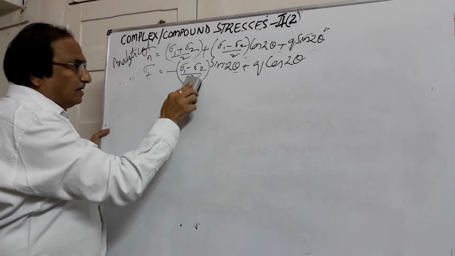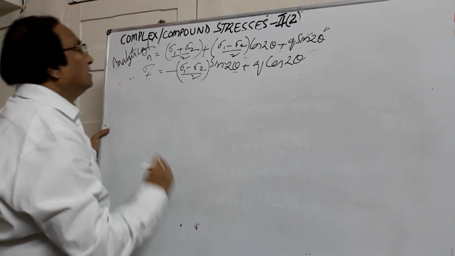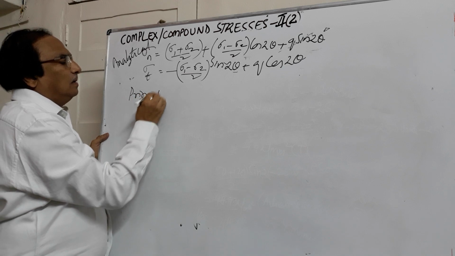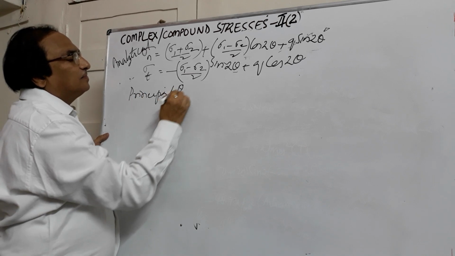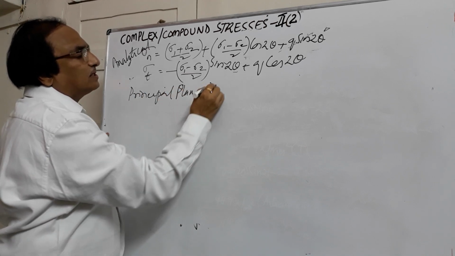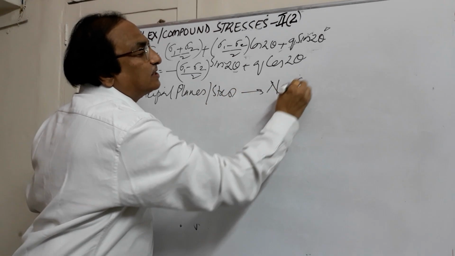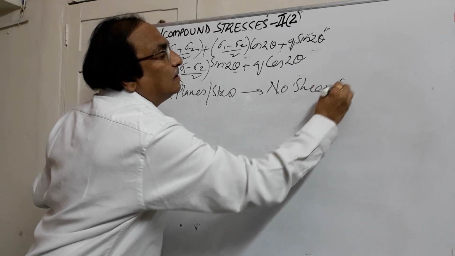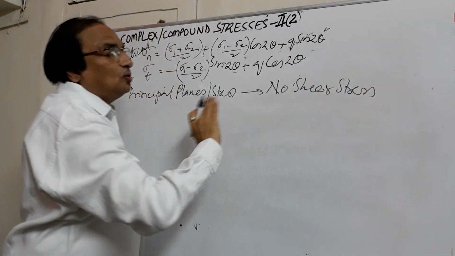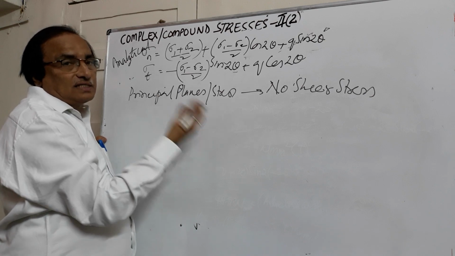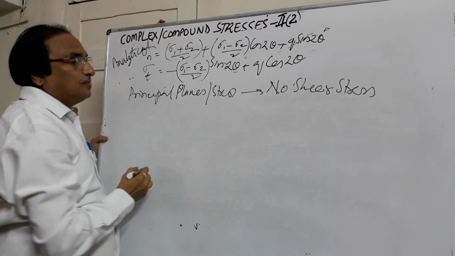Now if you see this formula, this gives a tangential stress. For principal planes, whenever you call principal planes or principal stresses, you find there are no shear stress. The plane on which there are no shear stress, we call such planes principal planes, and the stresses acting on principal planes are principal stresses.